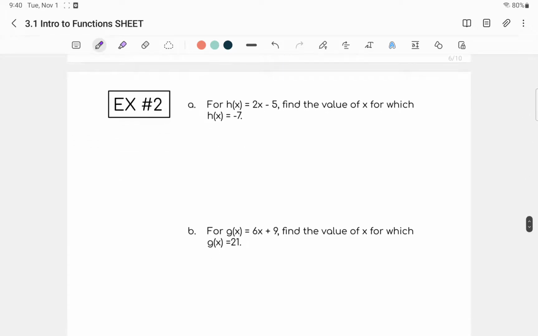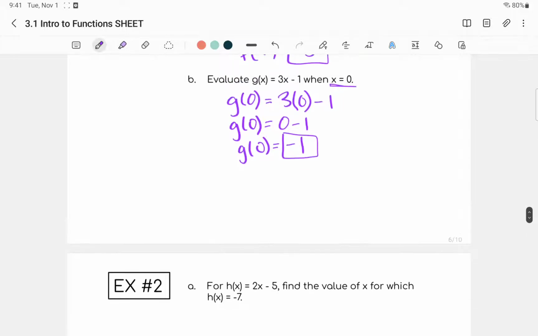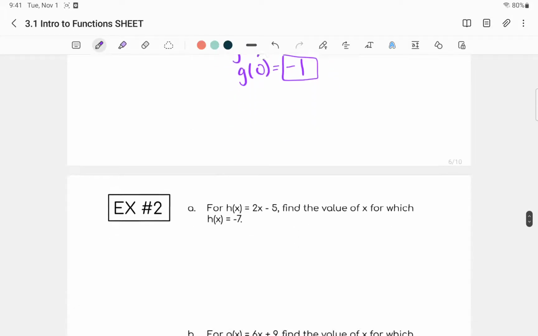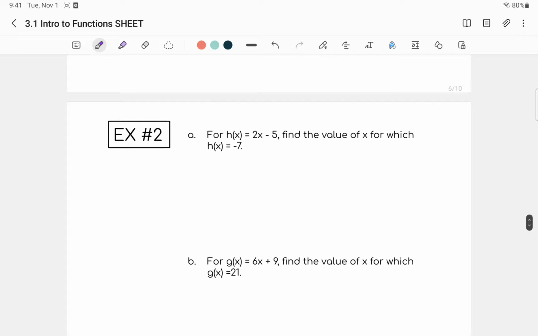But in this example, we are trying to find the value of x for which h of x is negative 7, meaning we're given the output and now we have to find the input. So up here, given the input, we found the output. Down here, given the output, we're looking for the input.